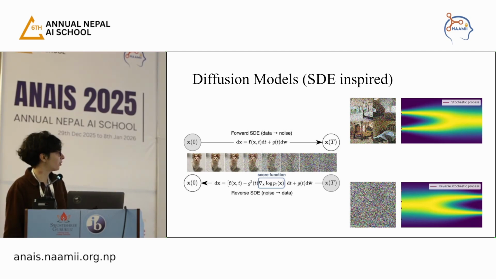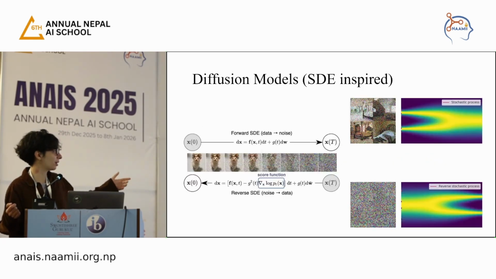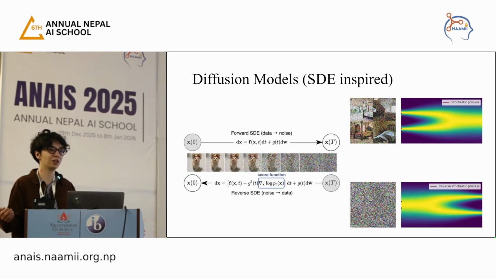In this very beautiful formula, I have the gradient of x of log pt of x, which is called a score function. Behind the scenes, the intuitions of it are quite beautiful. So I do recommend reading the paper, but don't be afraid of it.